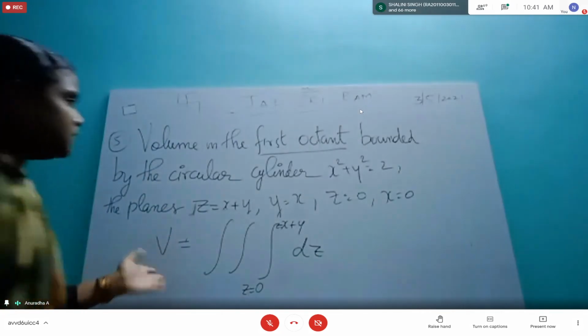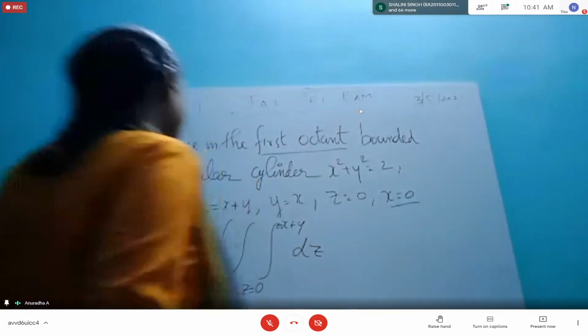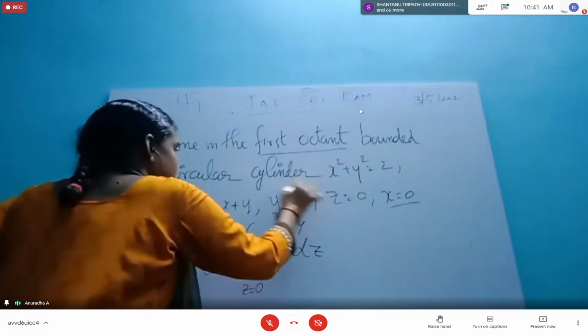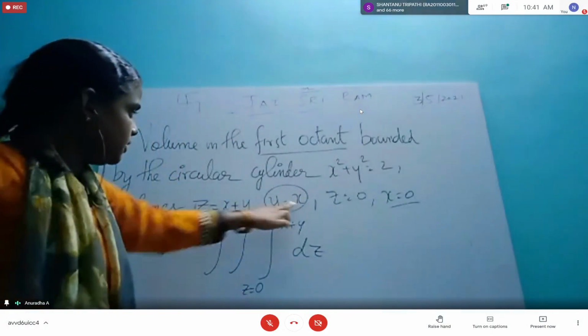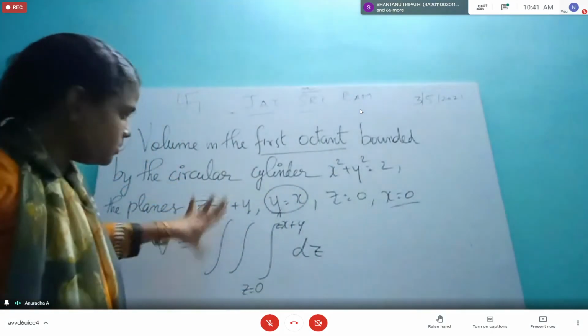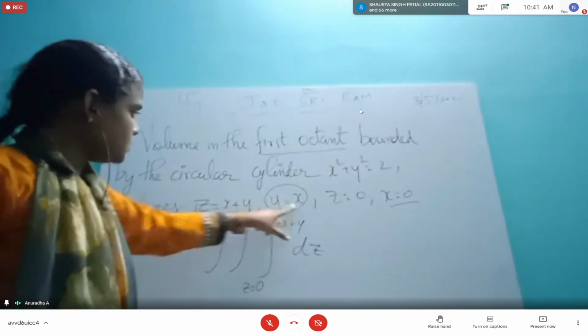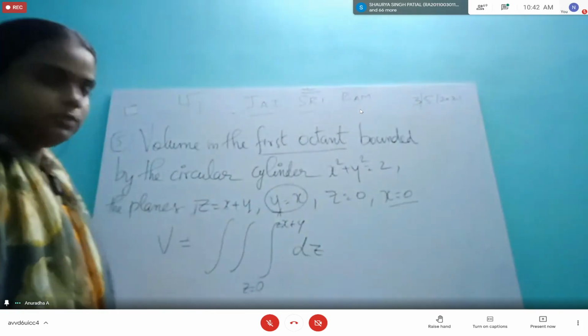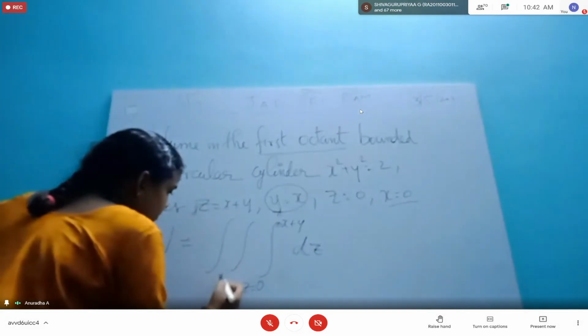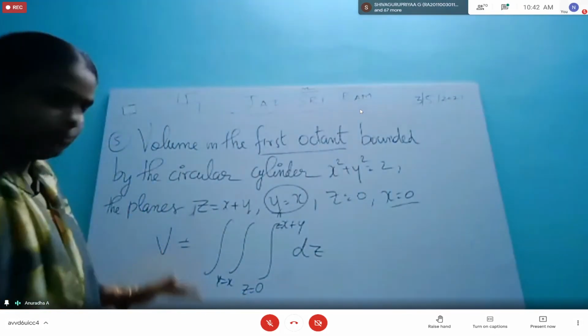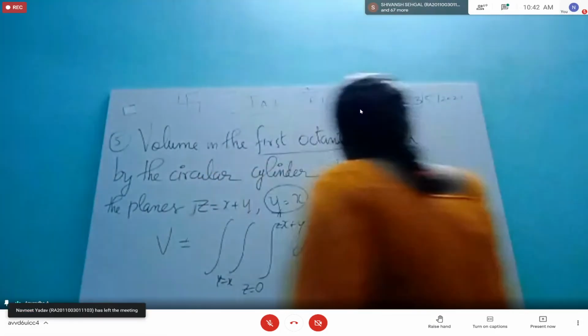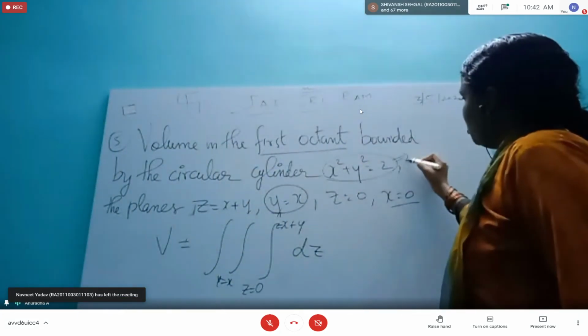From the question we can see that x is given as 0, but y they have given as x. So y equal to x I cannot write outermost. Outermost must be only numbers. So this must come as the next integration. Okay, so y equal to x will come as the lower limit, and from the left out equation you find out what y is.